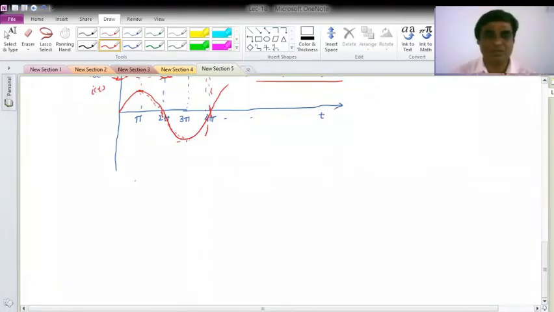Now let me talk in terms of energies. What will be the energy stored in capacitor and what will be the energy stored in inductor. Okay, so let me see what is the energy stored in capacitor. It is half CV square, so half into C was 2 and V is 20 square, so which will be 400 joules.